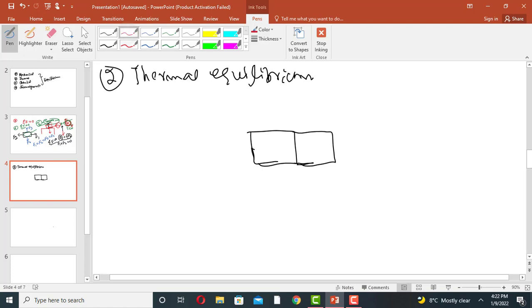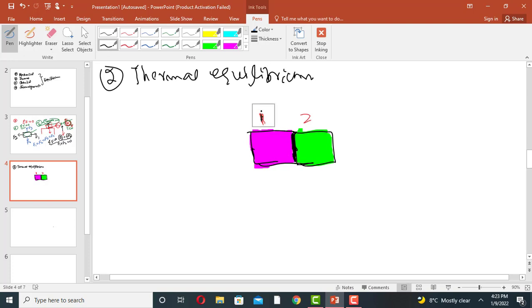Suppose body 1 is at high temperature and body 2 is at low temperature. These two bodies are connected with each other. This is the area.